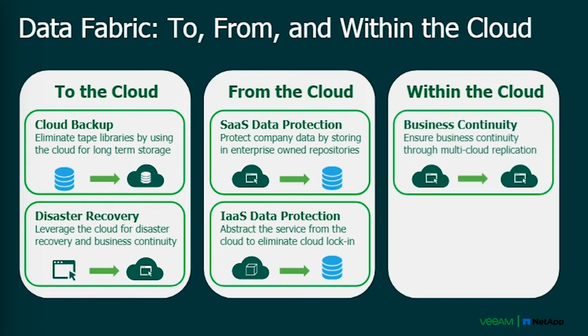And within the cloud, so cloud to cloud or multi-cloud strategies. If you've got a large presence in a cloud and you're leveraging just a single cloud, you might be giving yourself potentially a large area where there could be some data availability gaps. So business continuity between clouds is a real thing and something that you should be seriously considering.